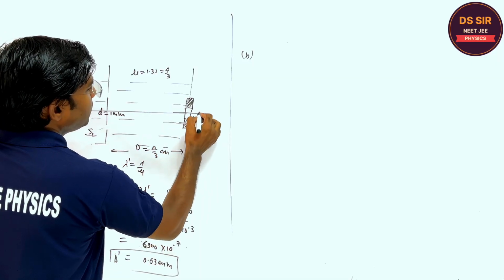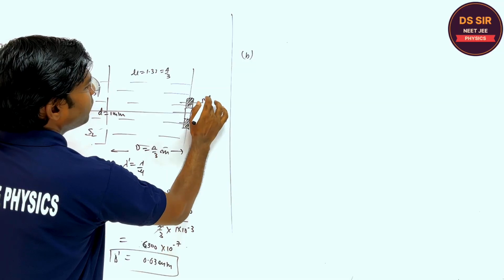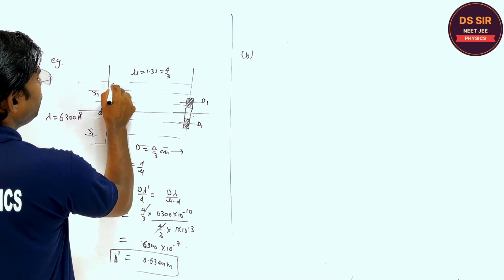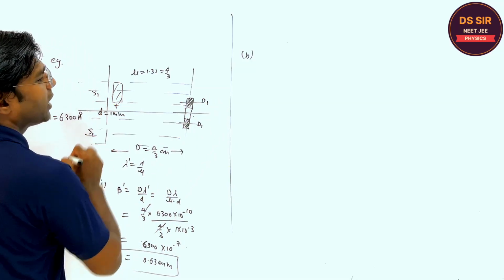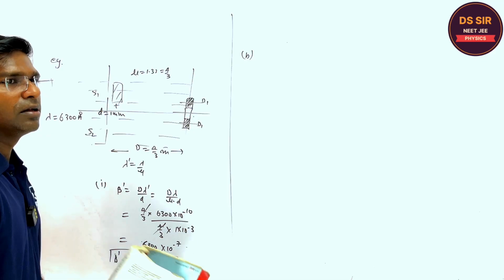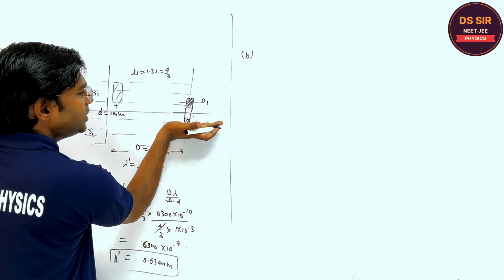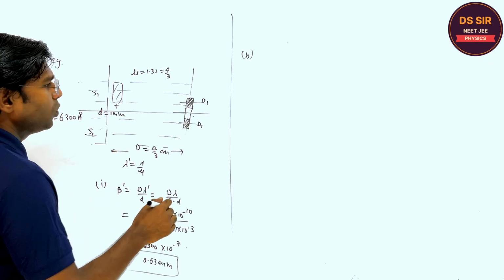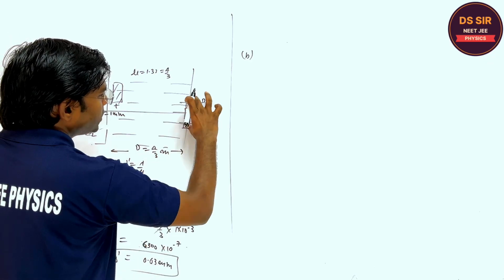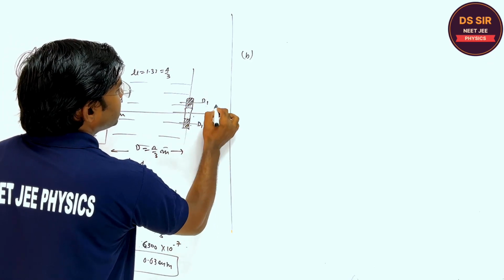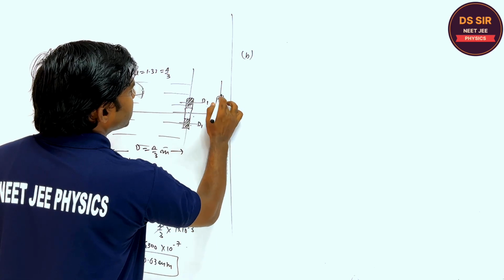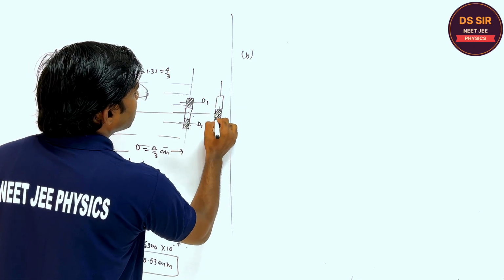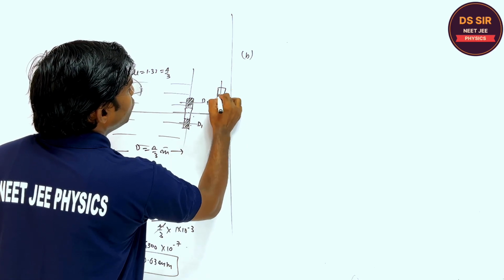If this is the D1 on this side, when you put a glass slab, what would happen? Tell me. These fringes will start shifting over here. So what to do? We have to shift in such a way that the central bright fringe comes over there and the D1 comes to this side. Do you understand or not?